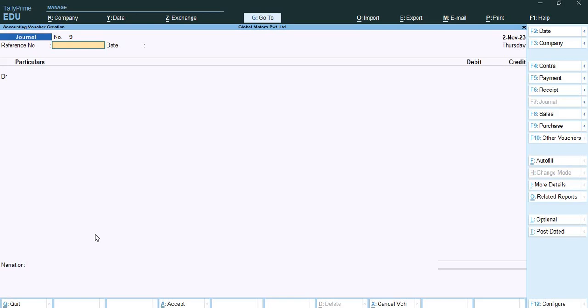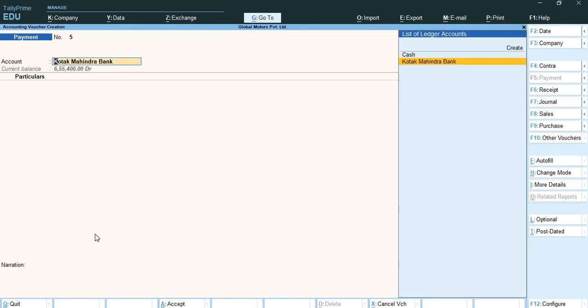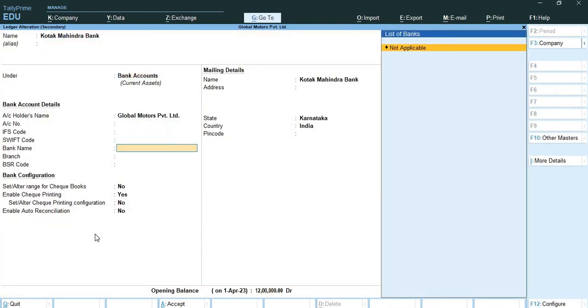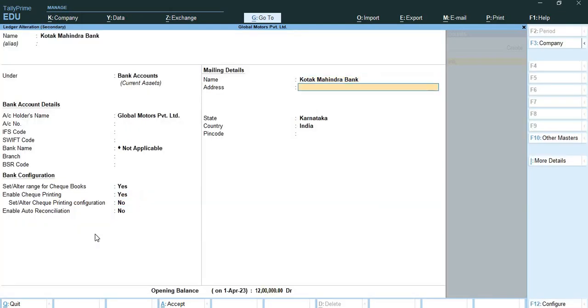So here we have paid a cheque to Mr. Prithvi Kapoor. So we are going to open the payment voucher. Alright, here we will use Kotak Mahindra Bank, but I need to check my cheque number. Yes, it is already updated.